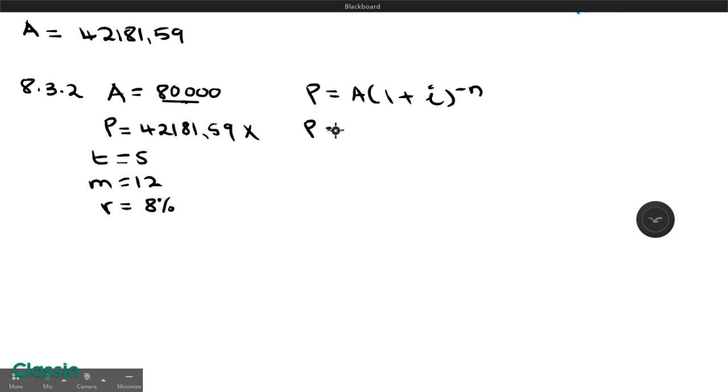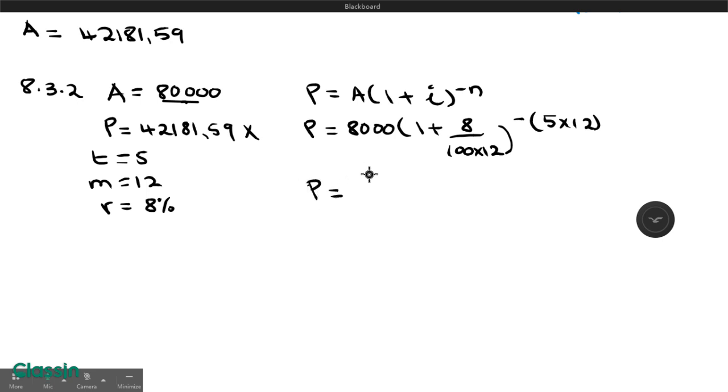Now, our A is given as 80,000 rands, 1 plus 8 over 100 multiplied by 12, to the power of negative. The period is 5 years multiplied by 12. And therefore, if that is the case, it means that the value of P is going to be 11,515 rands and 25 cents.